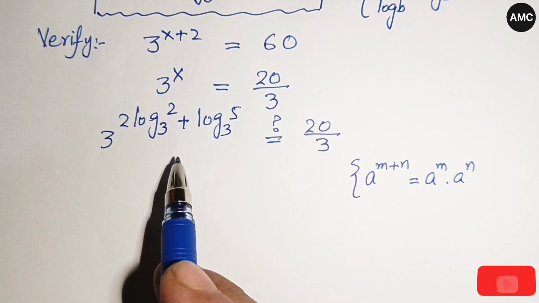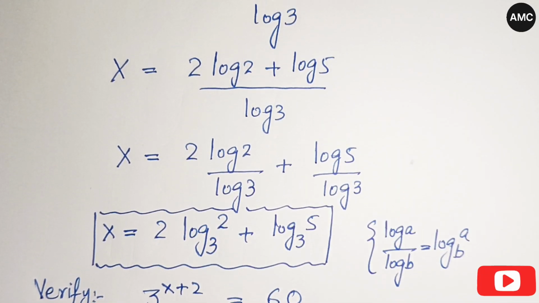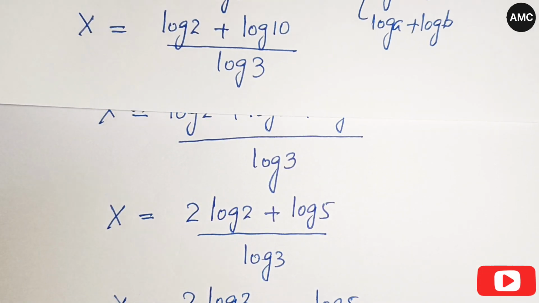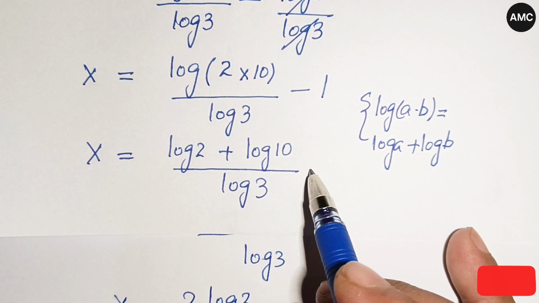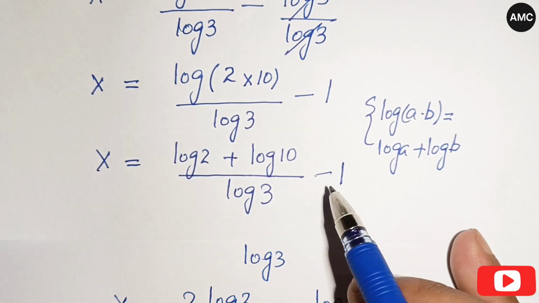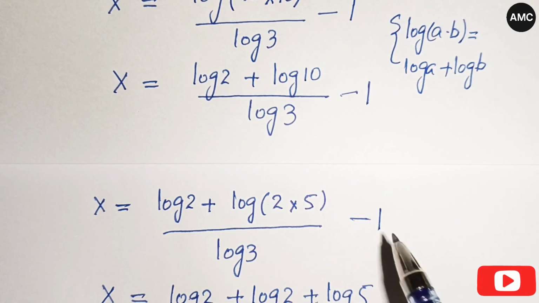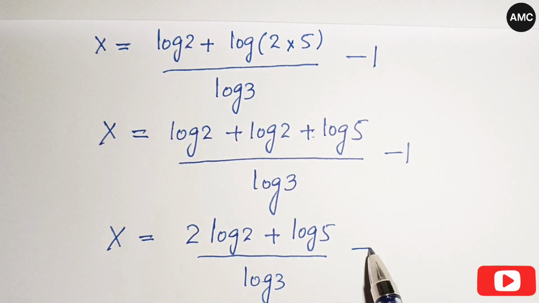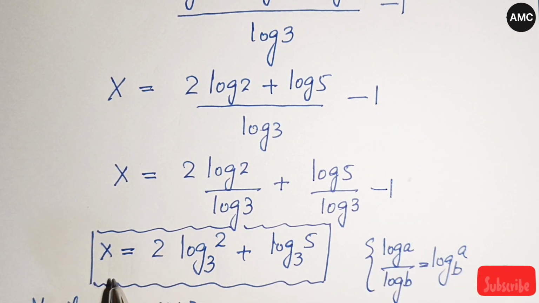Now here one thing is missing. We have just forgotten to write the value of minus 1. No problem, we correct this: it is minus 1 here, and similarly minus 1 here, and in our value of x it is also minus 1.